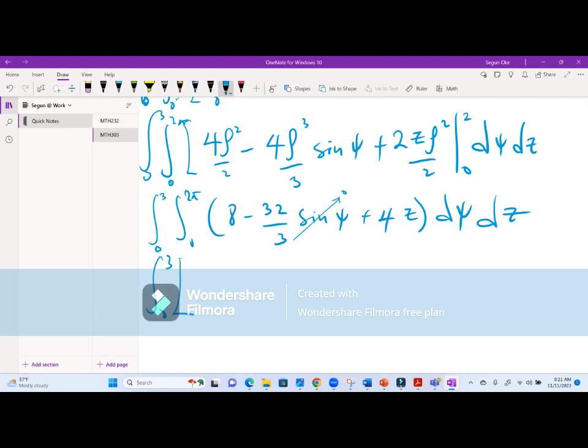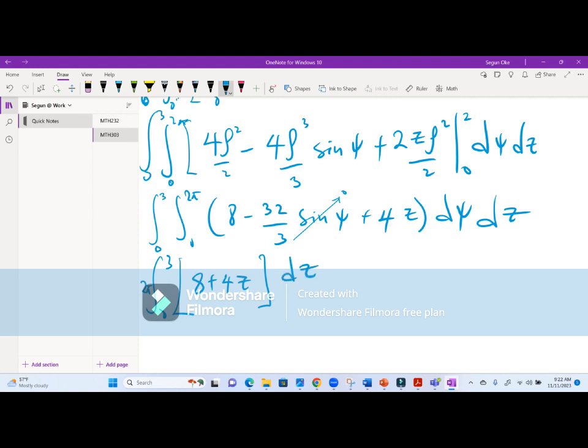At the end of the day, you have 8 plus 4z. And if you have 8 plus 4z, then we can go ahead and integrate with the z. Remember the 2 pi?